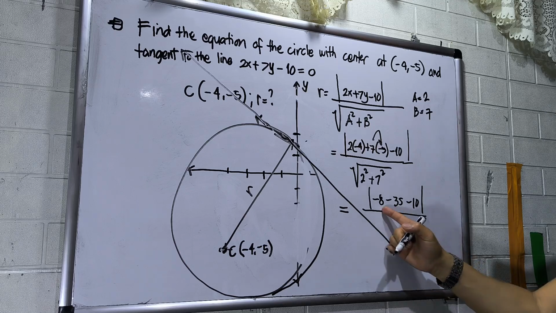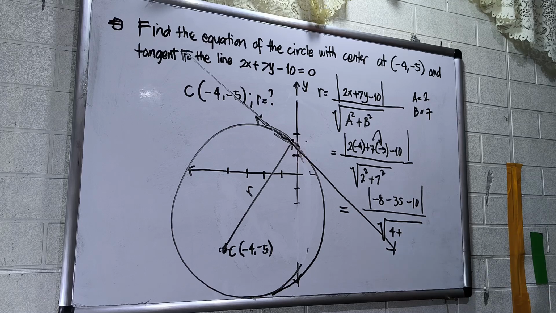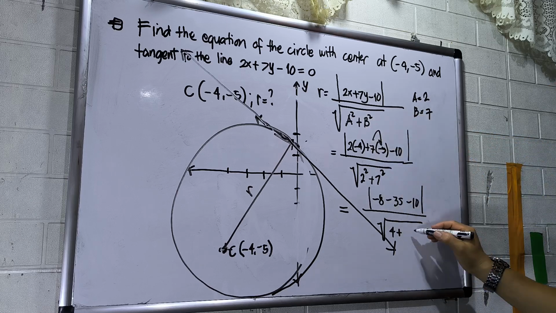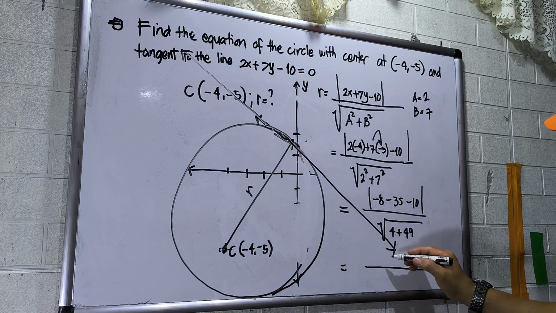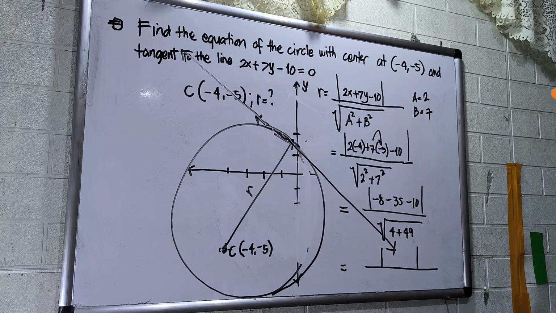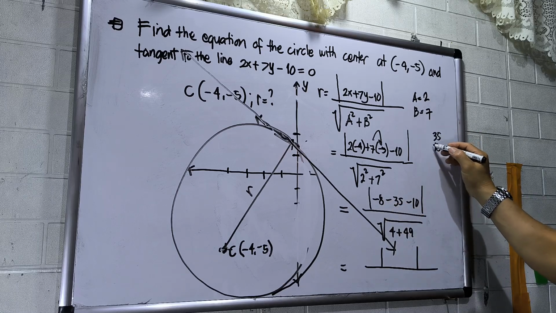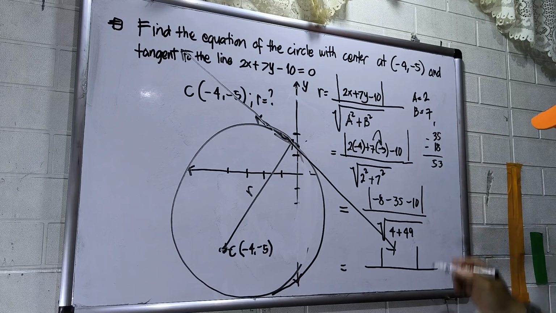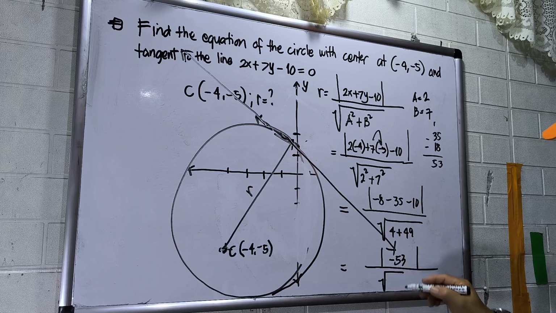This will be the absolute value of negative 8, negative 35, then negative 10, over the square root of 4 plus 49. The absolute value eliminates the negative sign. 35 plus 18 is 53, so this is negative 53, over the square root of 49 plus 4, which is the square root of 53.